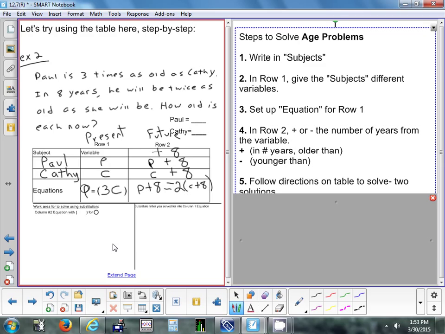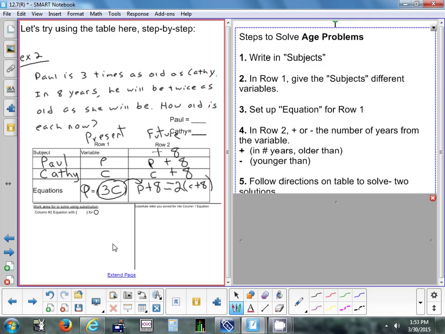All right? So we have P. P is first in this equation. We're going to take this 3C and plug it in for P. We're going to take what's inside the parentheses and plug it in for the letter it represents in the row 2 equation.